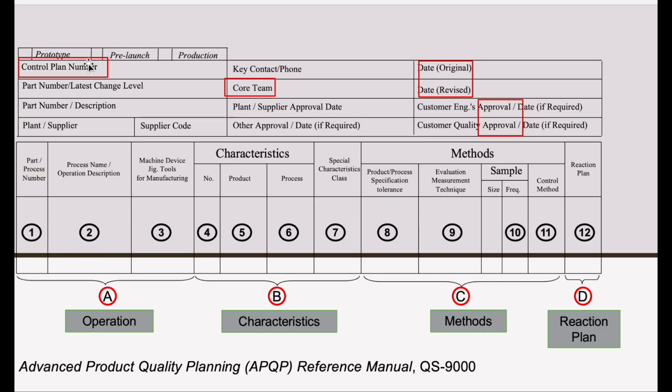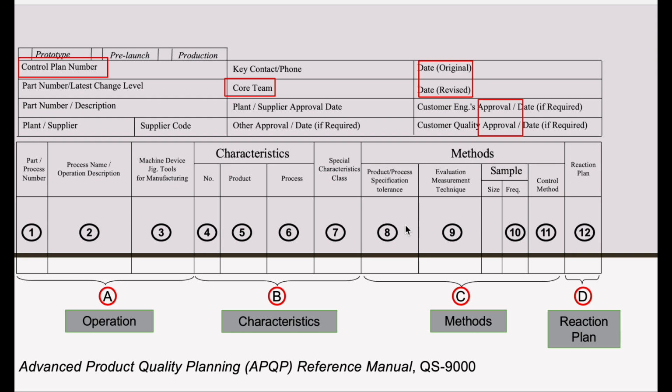You have your control plan number, your core team. You don't have to worry about the part number and all that, but just do your part or process number right here, your process name. This has to do with your operations, your characteristics. Really, what should the process be doing, and what method are you using to observe, control and evaluate this?